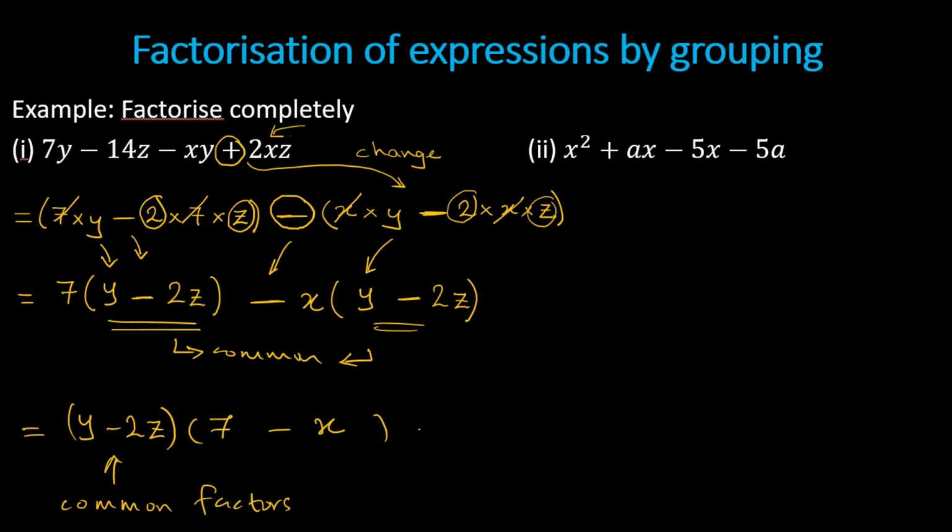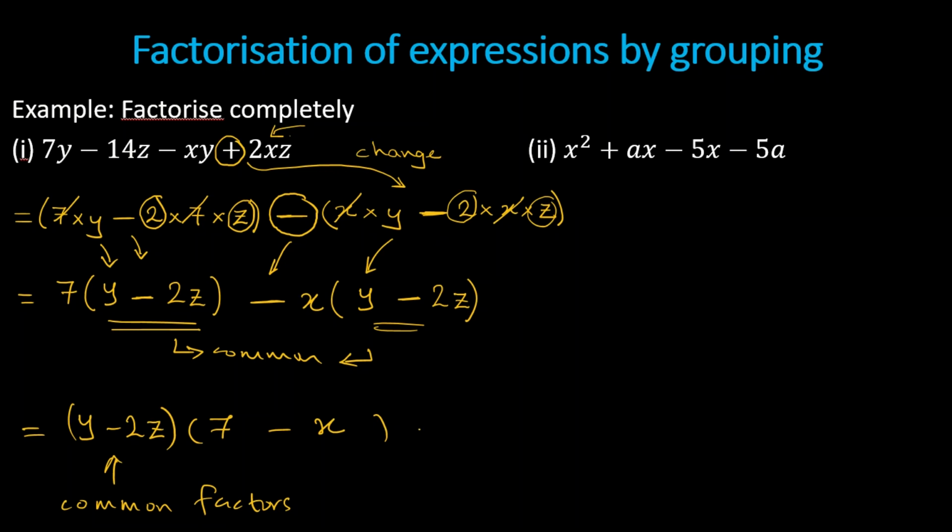This example is very important because in this example we have taken a negative sign outside the second pair of brackets. And whenever you take a negative sign outside, the following sign is going to change.